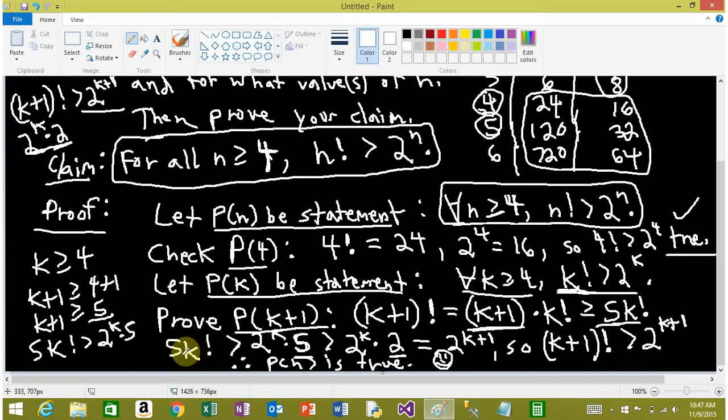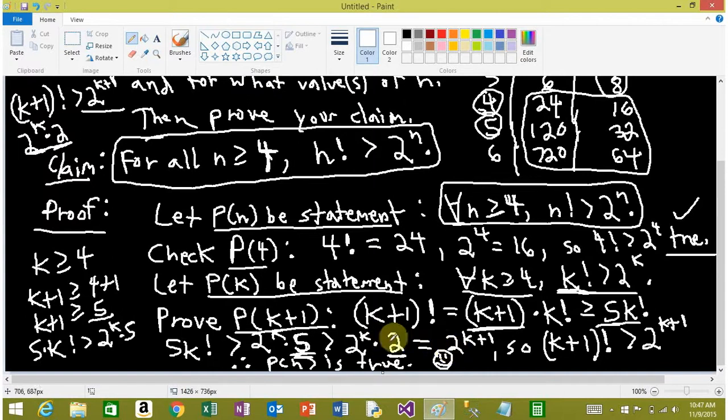And then we see that if we multiply the 5 to both sides, k factorial is greater than 2 to the k. So 5 times k factorial must be greater than 2 to the k times 5. And we also see that that is actually greater than 2 to the k times 2, because 5 is greater than 2.